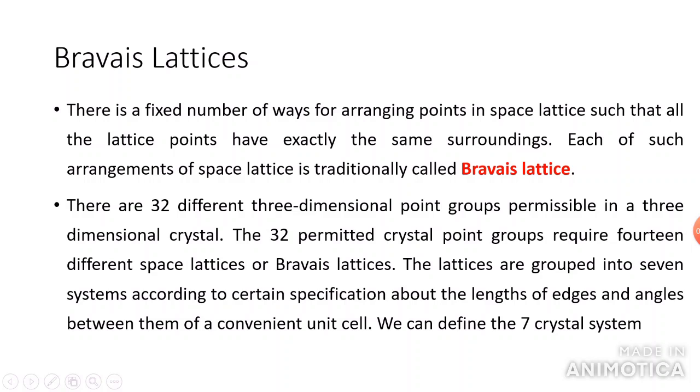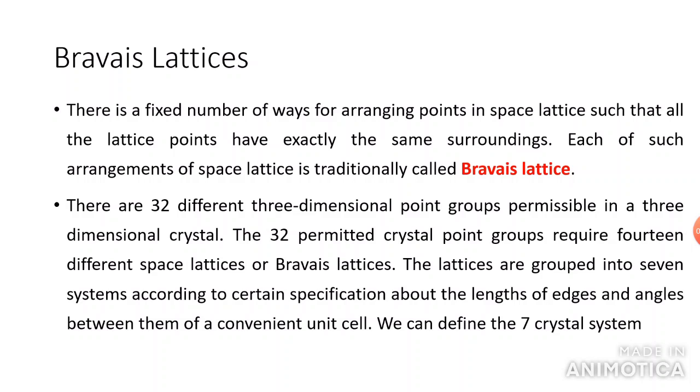The 32 permitted crystal point groups require 14 different space lattices or Bravais lattices, and the lattices are grouped into 7 systems according to certain specifications about the length of edges and angles between them of a convenient unit cell.